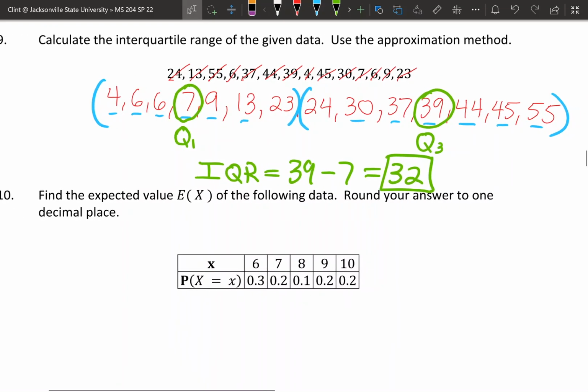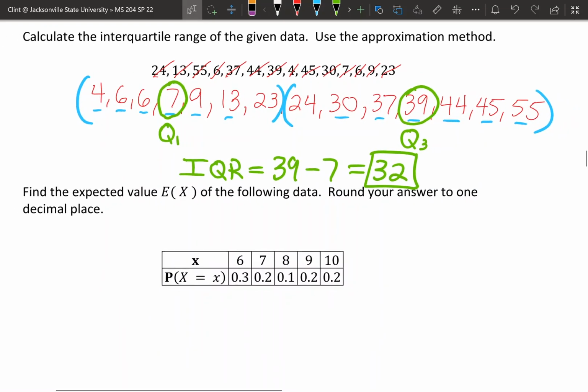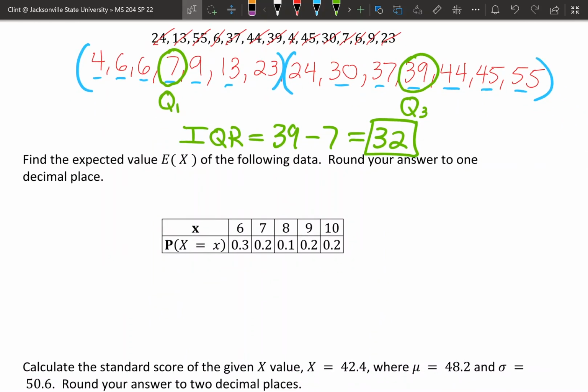Number 10. 10 says find the expected value. So that's a formula that will be on the formula sheet, but also you can just remember how to do it. We just take each outcome, multiply it by its probability, add all those together.